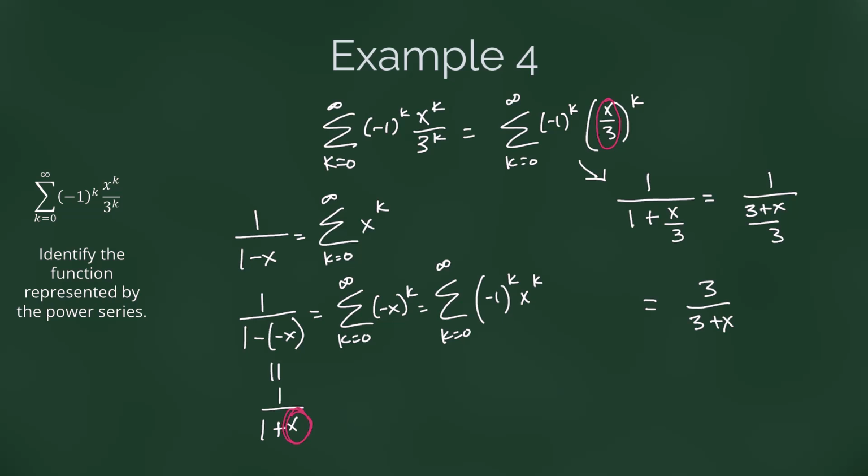So our original series, the sum from k equals 0 to infinity of negative 1 to the k times x to the k over 3 to the k, is actually equal to the function 3 over 3 plus x. And that's probably not true for all x. We would have to find the radius of convergence in order to figure out exactly where these two things are equal to each other.